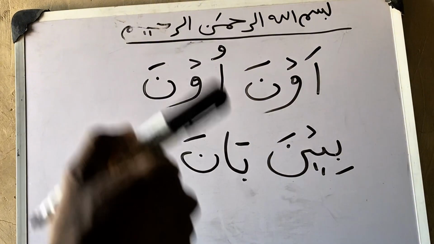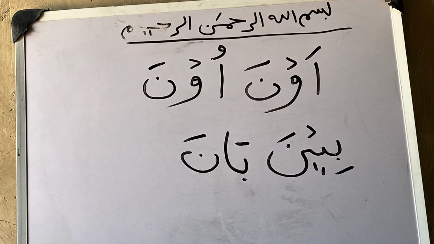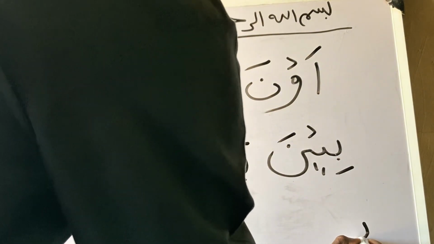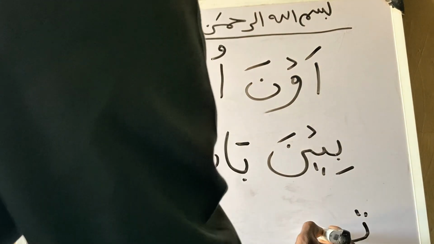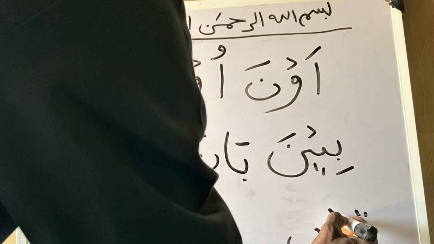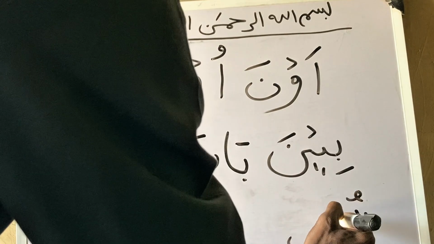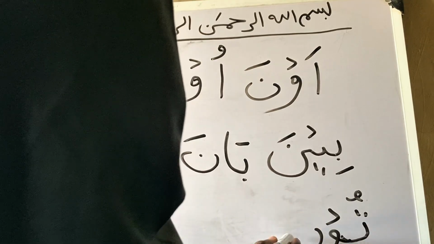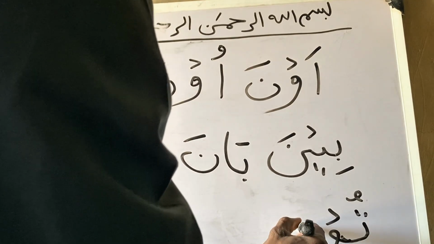Now let's go to the Ta. We can say Tandomotu. You can see Tandomotu, Wa'un Sukun. This is what we call Sukun. This is Wa'un. Nunun Fatha Na.